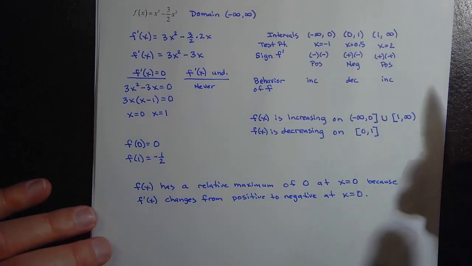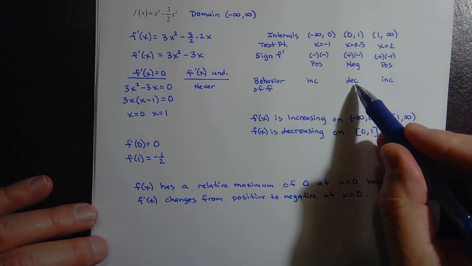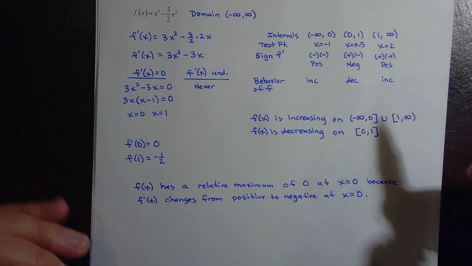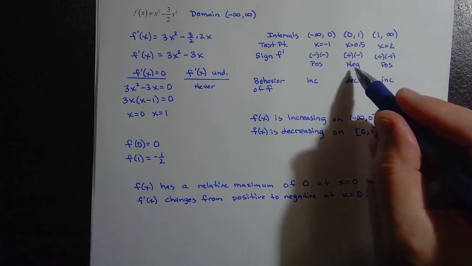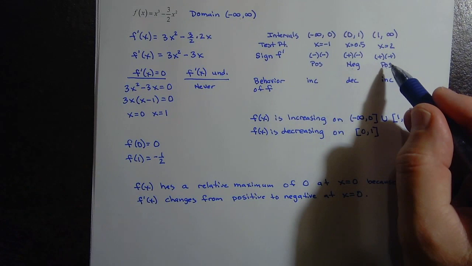Now we also have a relative minimum because it changed from going down to going up, right? So the derivative changed from being negative to positive.